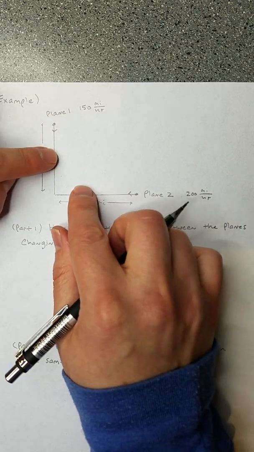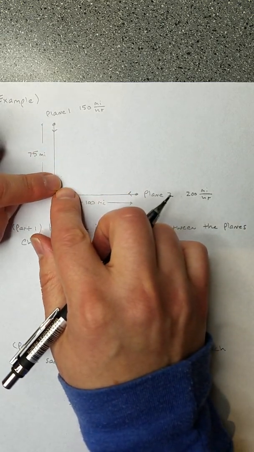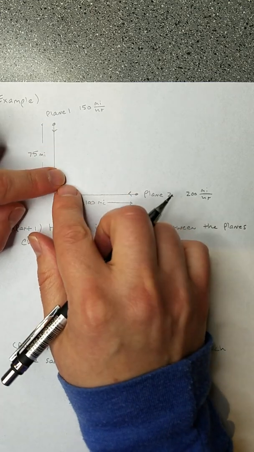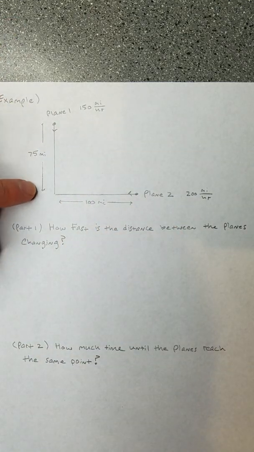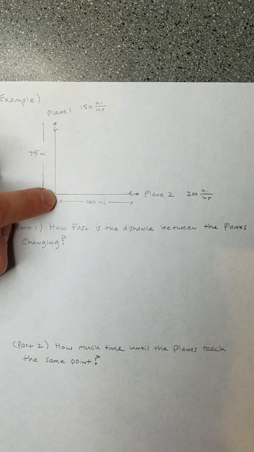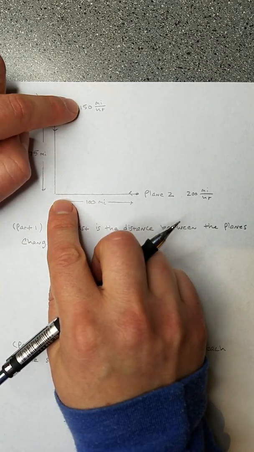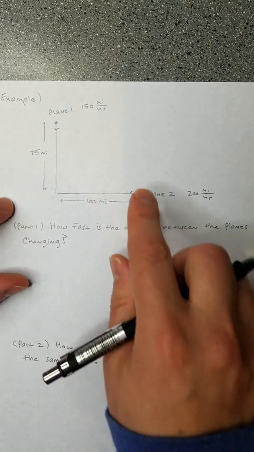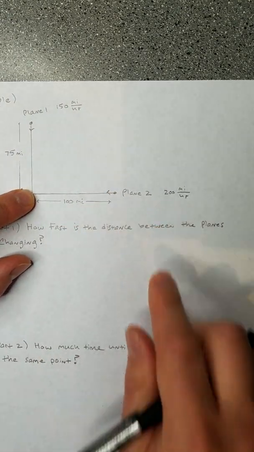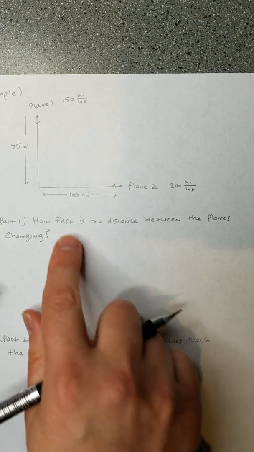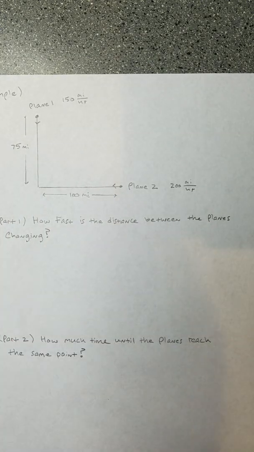The planes are flying towards some point in common where they may meet. This plane is 75 miles out from this meeting point, flying at 150 miles an hour. And this plane is 100 miles out from this point, flying at 200 miles an hour. How fast is the distance between the planes changing?